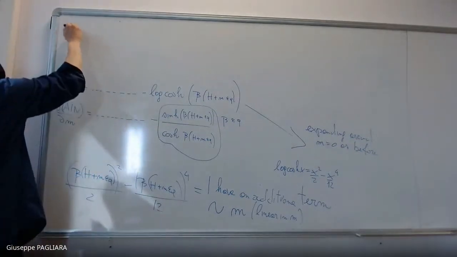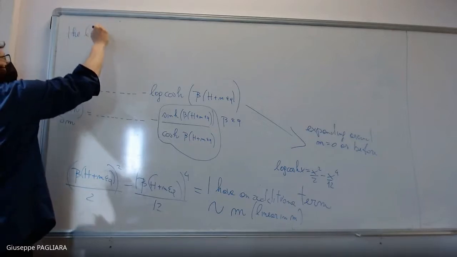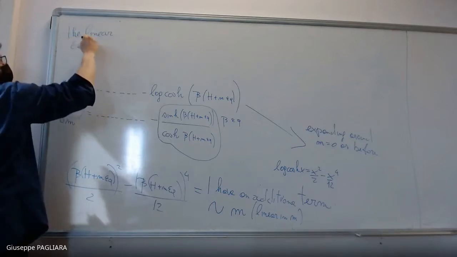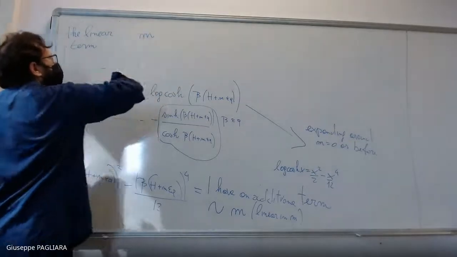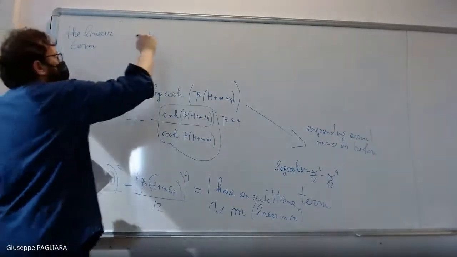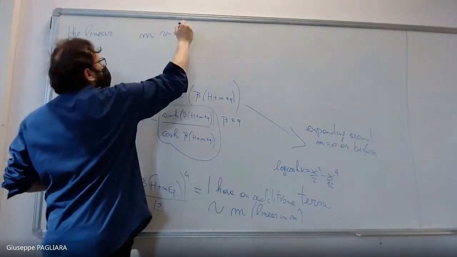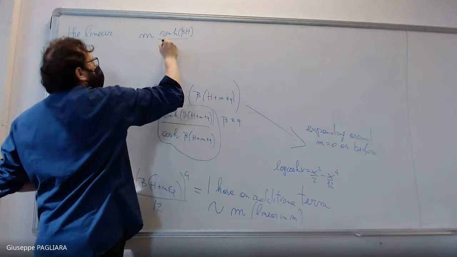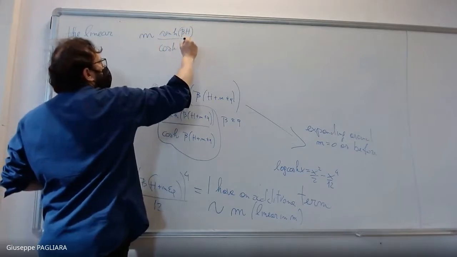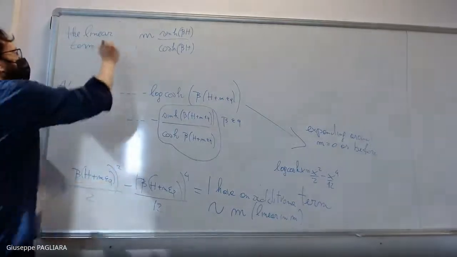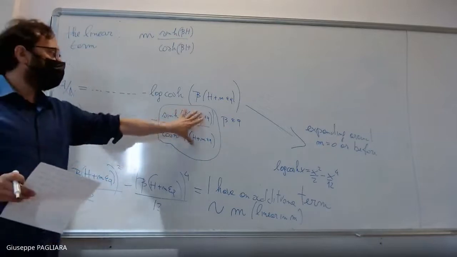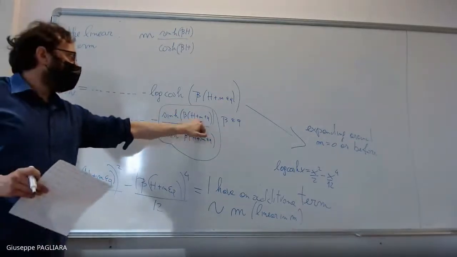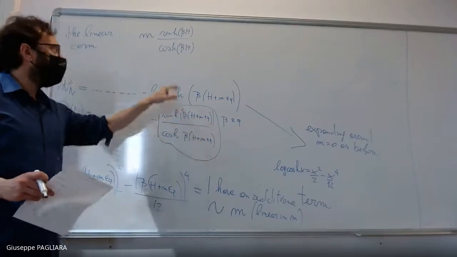the linear term in m will be something like m times sinh of beta h divided by cosh of beta h, which comes from here. This expression is correct. Then I will have to expand, and computing this at m equals 0, I get this factor.